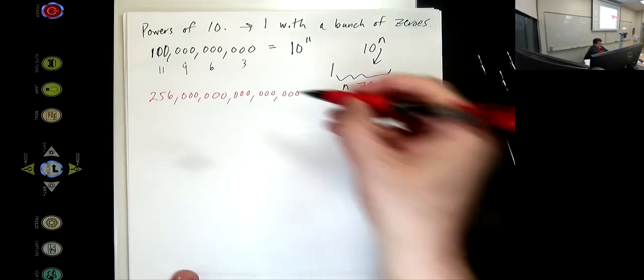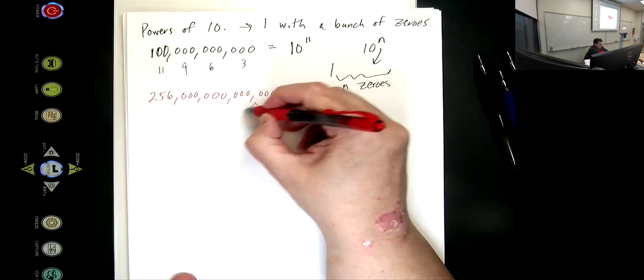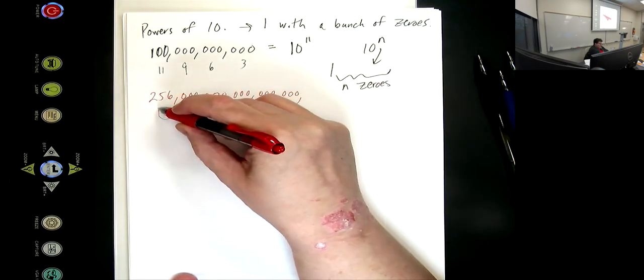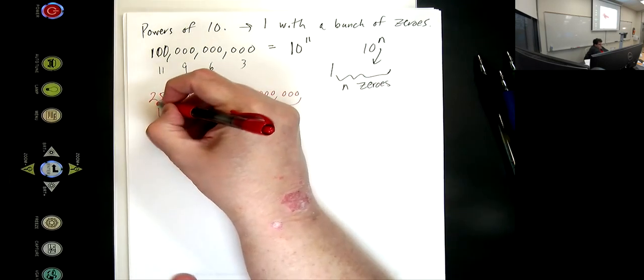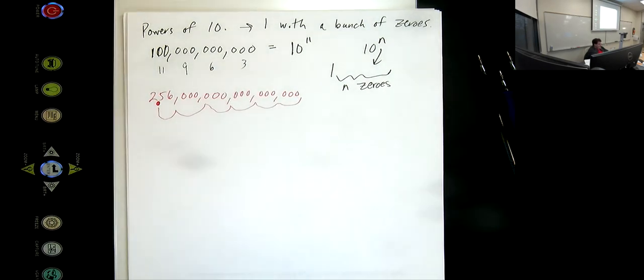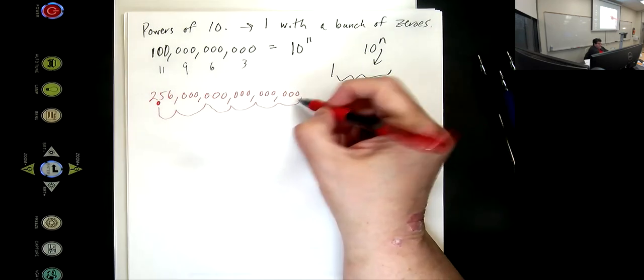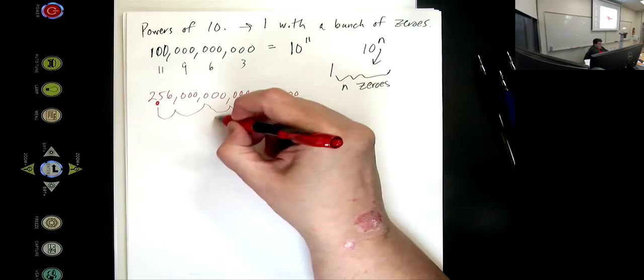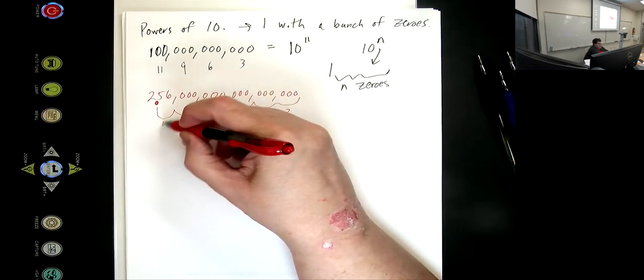What they will do is they will keep moving the decimal left until there's only one number to the left of the decimal. And they will count all the times that they moved it. 3, 6, 9, 12, 15, 17.